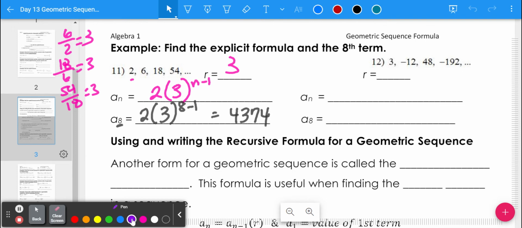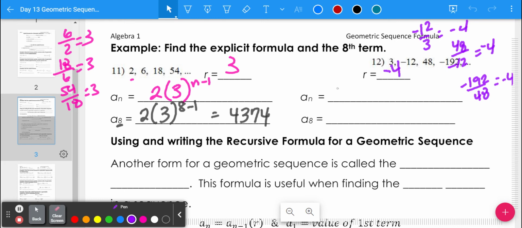We're getting ready to do number 12 here. Well, I've got negative 12 divided by 3, which is negative 4. 48 divided by negative 12, which is negative 4. And negative 192 divided by 48, which gives me negative 4.